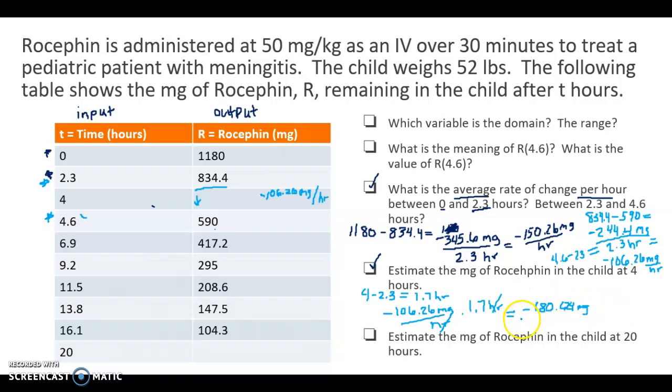So, where did they start? Well, we looked at this and we had recorded that at 2.3 hours they had 834.4, and then in the next 1.7 hours they'll drop an additional 180 point some, and so I do that math on my calculator and I get an estimate that they would be at 653.758 milligrams.